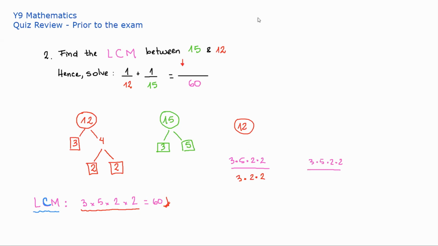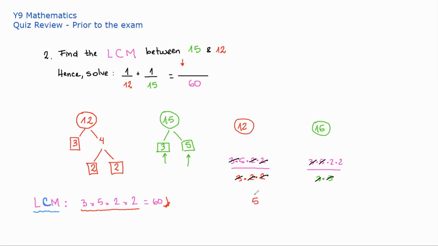And then on the right side, I'm going to list all the factors of the number 15. So 3 times 5, because I have them here, 3 and 5. So I'm going to cancel all the numbers that are repeating on top and bottom. So the answer for this is, I only have a number 5 on top and I have nothing on the bottom.